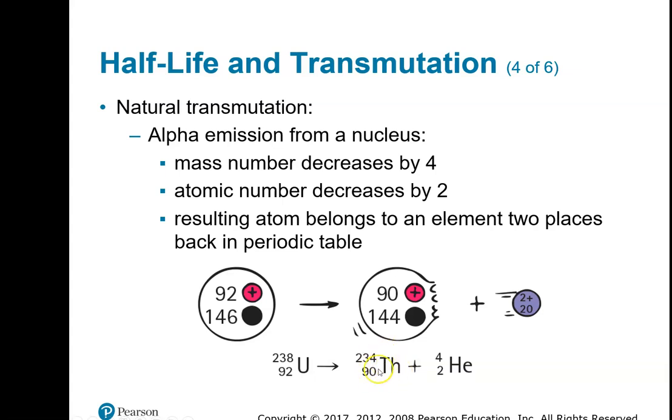Notice thorium is radioactive, of course, because it's above element 83, but the uranium 238 has become a new atom. This would be considered a daughter atom of uranium 238. Eventually, uranium 238 will become lead.